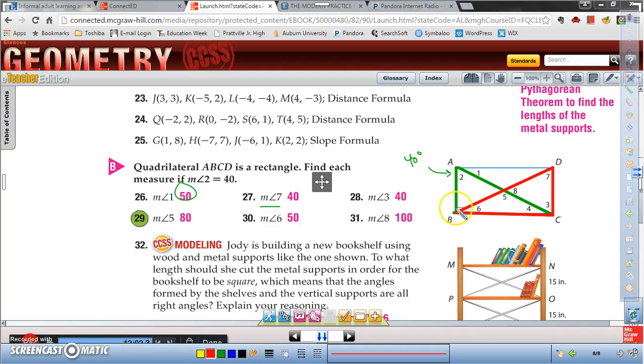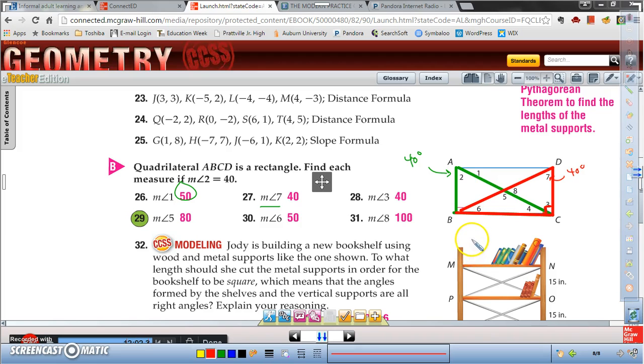Okay, so I've got my 90-degree angle here in the green, and angle 2 is right above it, and it's 40 degrees. Okay, so my red triangle is going to follow that same pattern. Since my triangles are congruent, their angle measures are going to be congruent and in the same locations. So here's my 90-degree angle for my red triangle. I go straight above that to angle 7 and find that it is also 40 degrees.